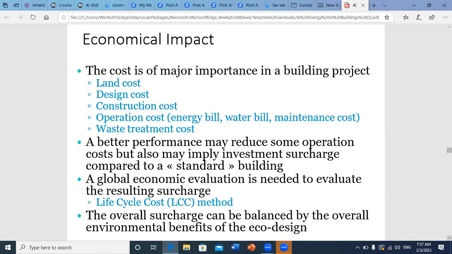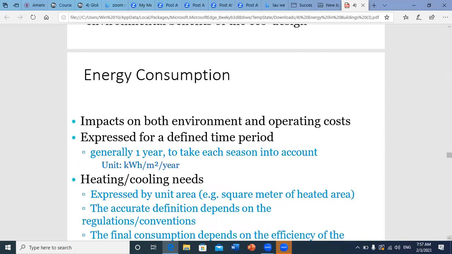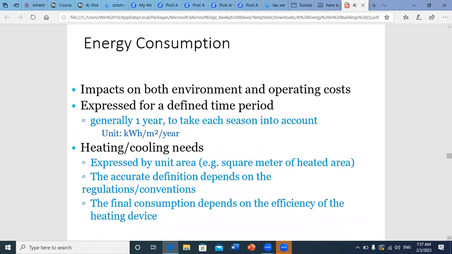The life cycle cost method is a method that will consider the overall surcharge that can be balanced by the overall environmental benefits of the eco design. So in this course, we'll develop a lot of economical tools allowing us to study the economical impact of a certain energy project.